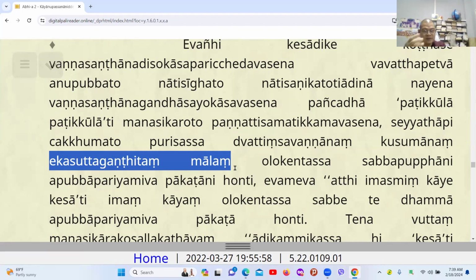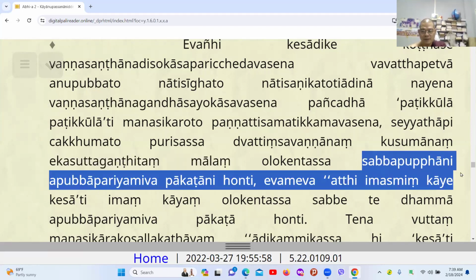When the man looks at it, all the flowers appear to his mind and his eye, not before nor after, but all at once.